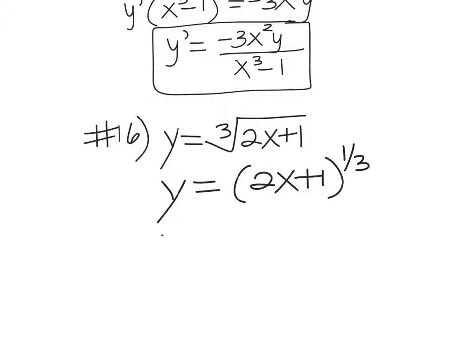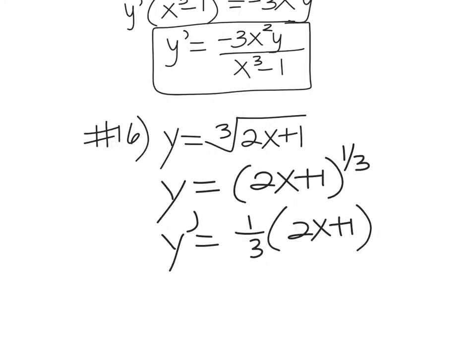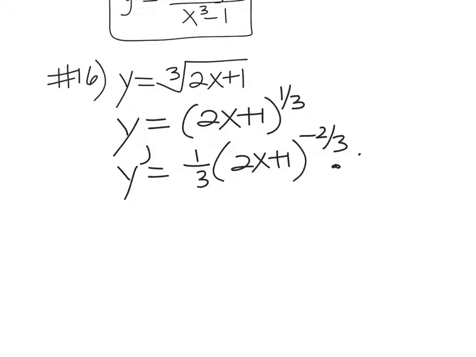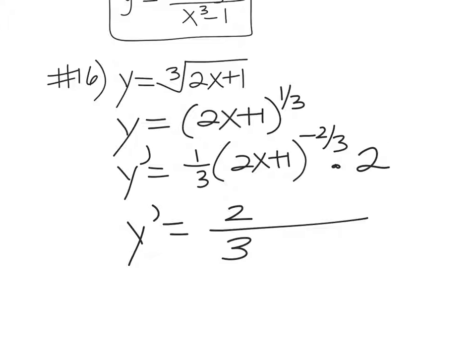Are you confident in your chain rule skills? So you bring the 1/3 down, and then you want to subtract 1 from 1/3, which is what? Negative 2/3, yeah? Times, yes, that's the part people forget, times 2. All right, so let's rewrite this. So we have 2/3 on top, and then on the bottom, you would drop that down, 2x plus 1 to the 2/3.